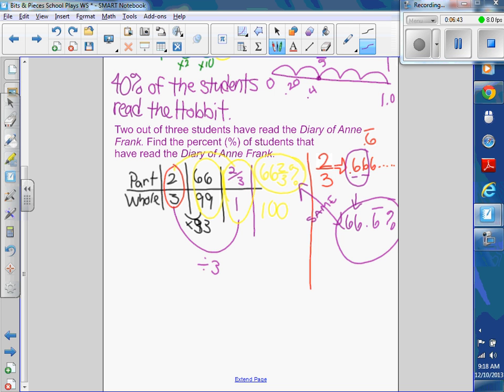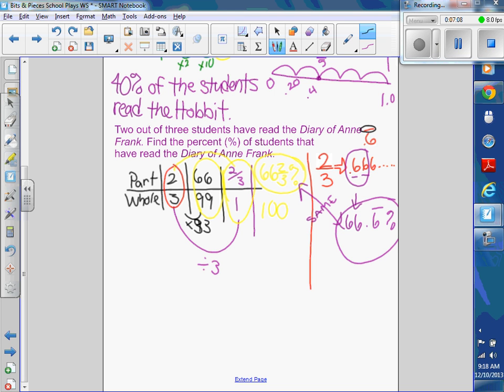So I knew that 2/3, and I knew that 3 times 33.3 equals 100 from what you just taught us. Right. 2 times that. But you need the repeating if you want to be exactly accurate.